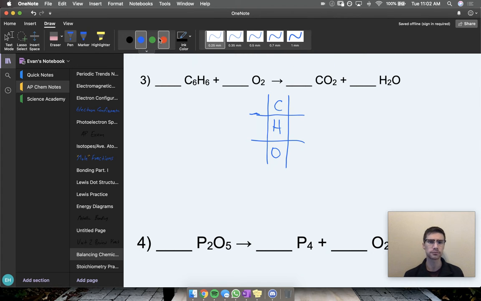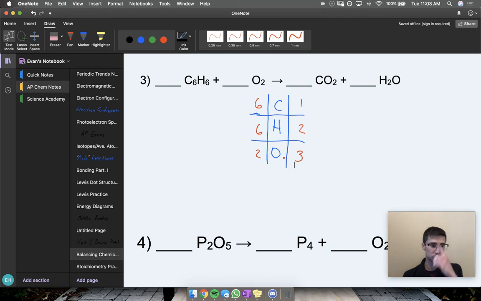I have 6 carbons on the left, 6 hydrogens on the left, and 2 oxygens on the left. On the right, I have 1 carbon, 2 hydrogens, and 2 oxygens from CO2 and 1 oxygen from H2O, so I have 3 here. So we'll have to mess around with this to balance out this 2 and 3.